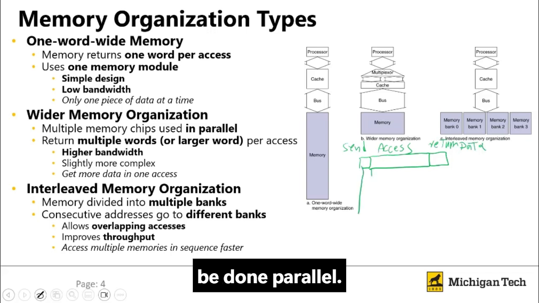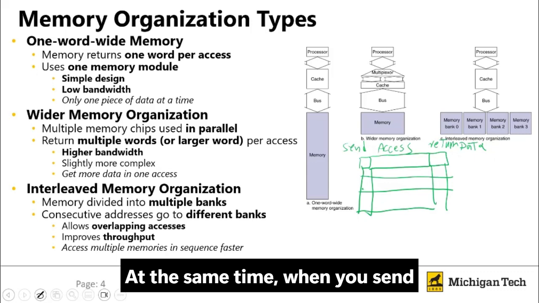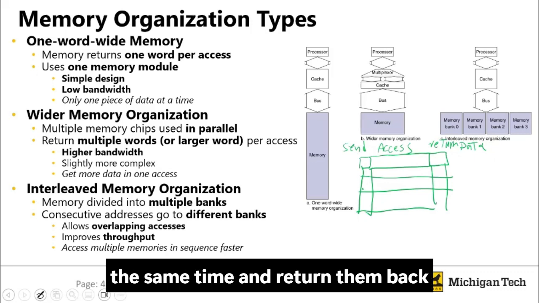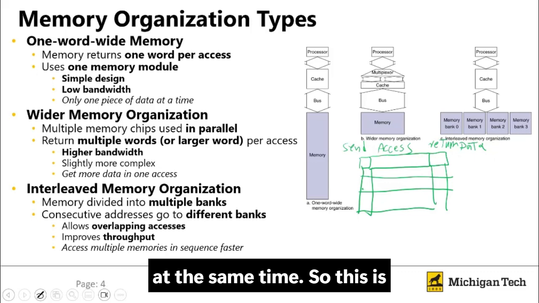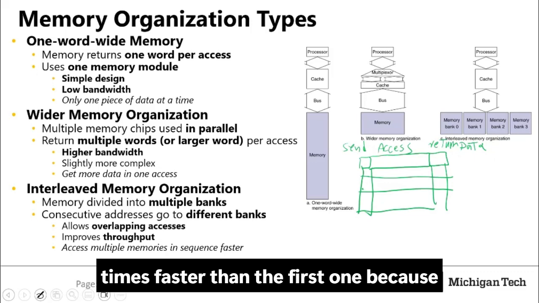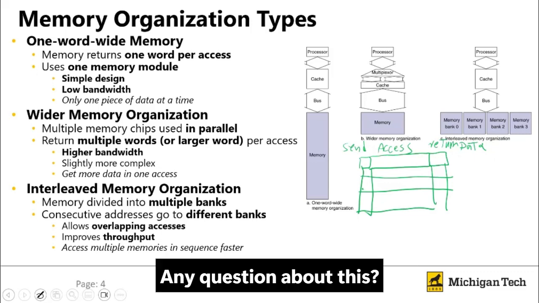But this can be done in parallel. At the same time, when you send the address, you can access 4 words and return them back at the same time. So this is going to be much shorter, 4 times faster than the first one, because everything happens in parallel. Any question about this?